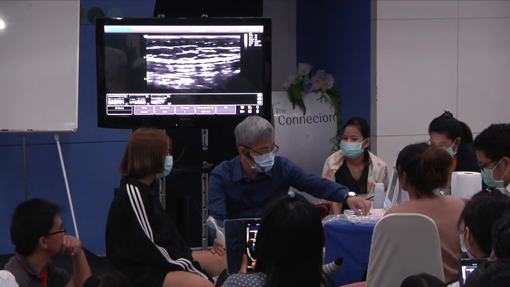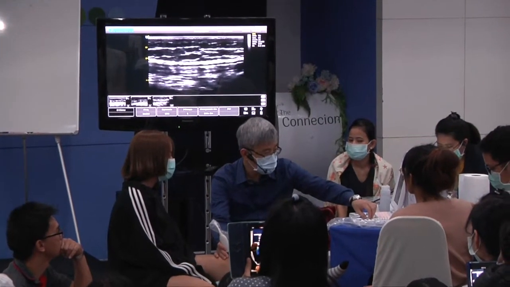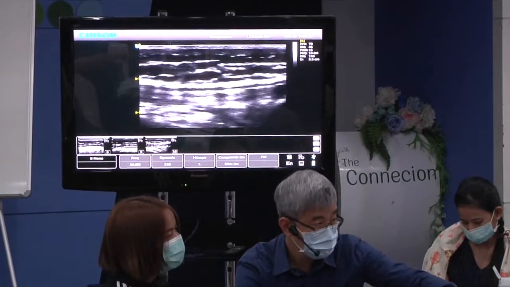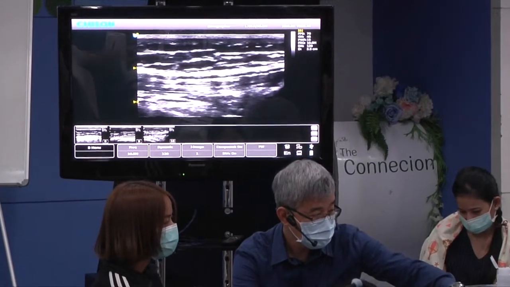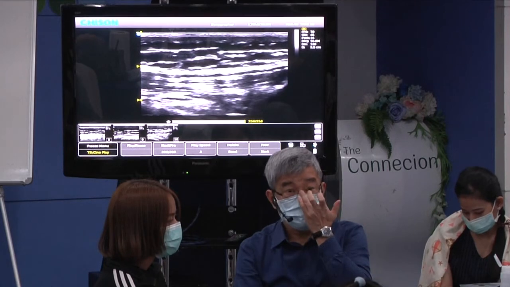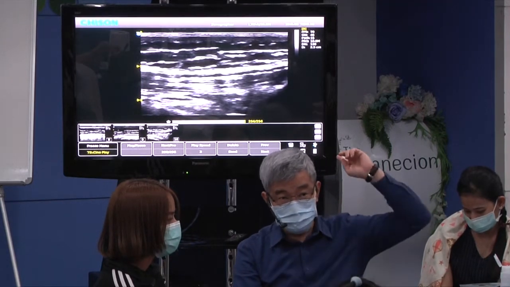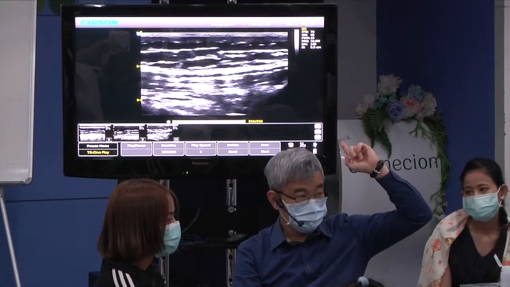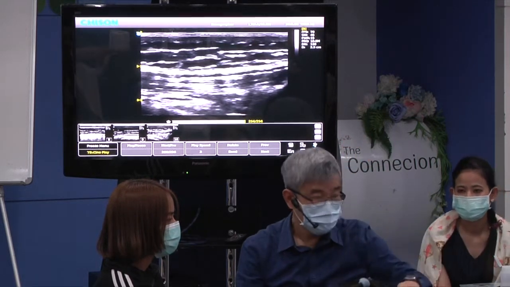Okay, so you are going to see the image quality slightly change, right? In this image, you can easily see the 3-layer structure, very easy, 3 layers, right?